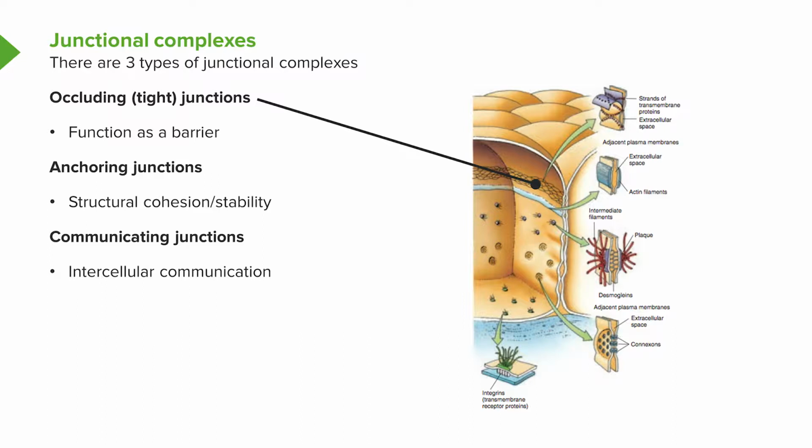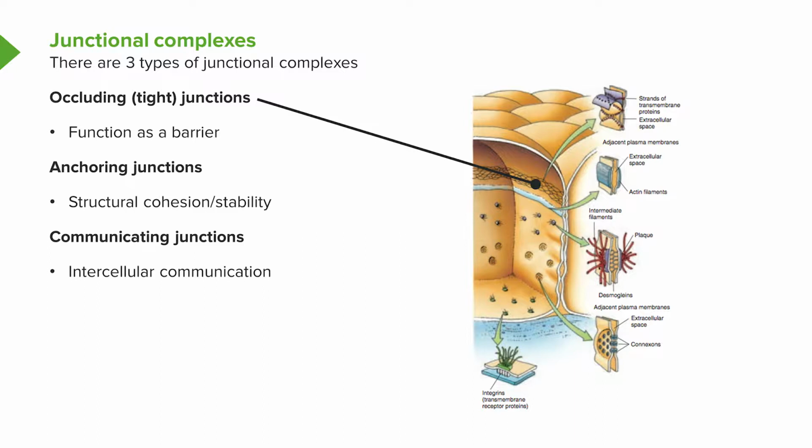They're a barrier. They prevent material passing between the cells. It's important that the body can control what passes across or what is absorbed across the epithelial surface. And so these occluding or tight junctions prevent material passing through between cells.